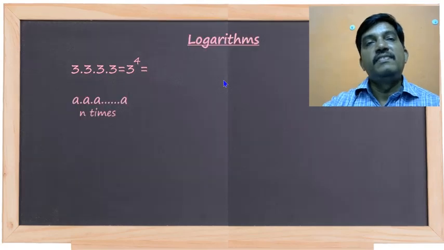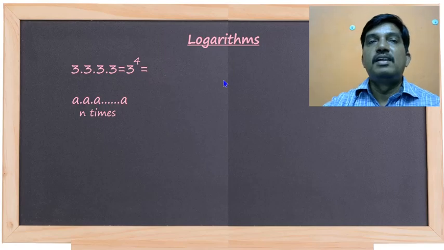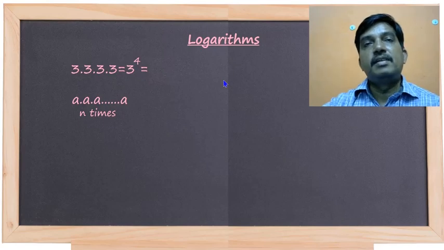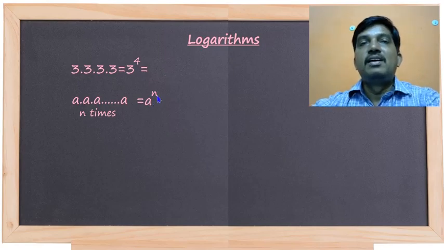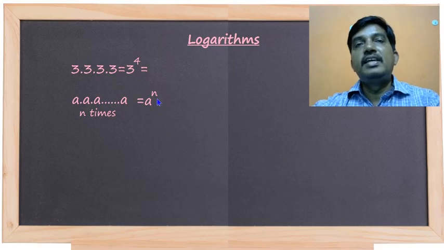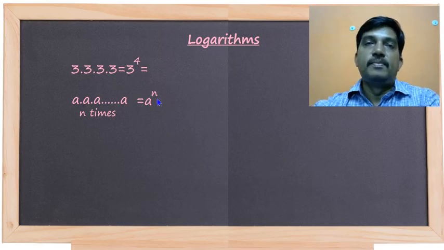Further, if a is any real number and a into a into a, n times, is represented by a power n, and this is read as a is raised to the power n, or just briefly a raised to n.